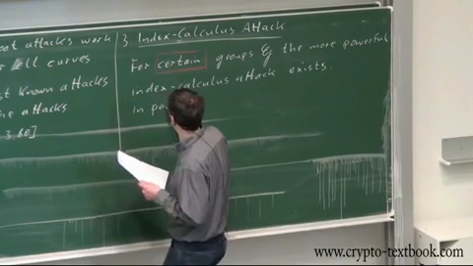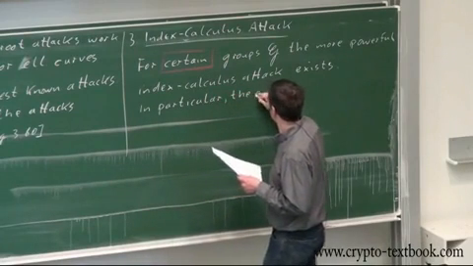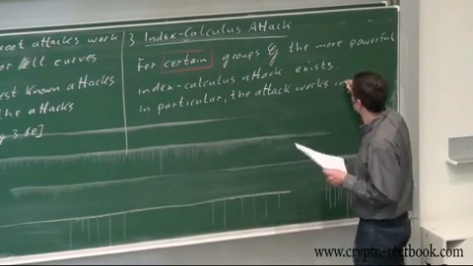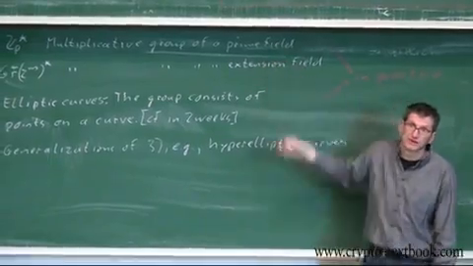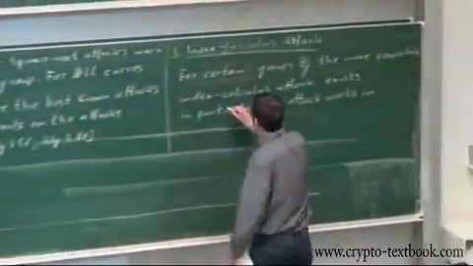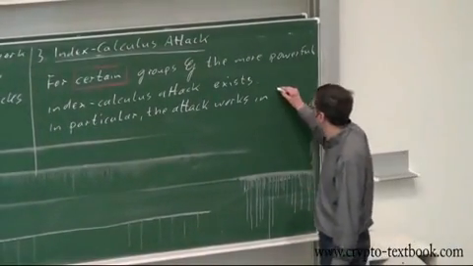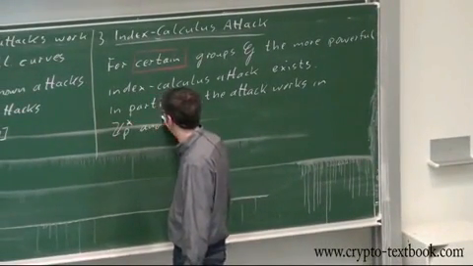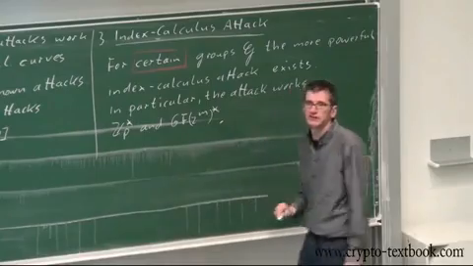In particular, the attack works against, remember I showed you the cyclic groups people have been using, in particular against the first two: Z_p star and GF(2^m).